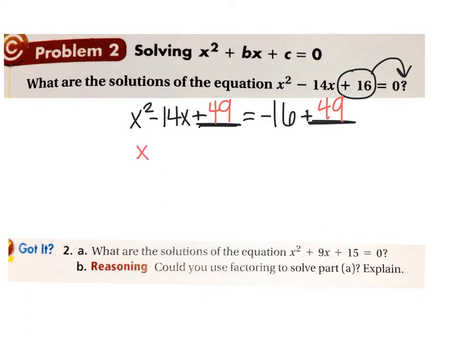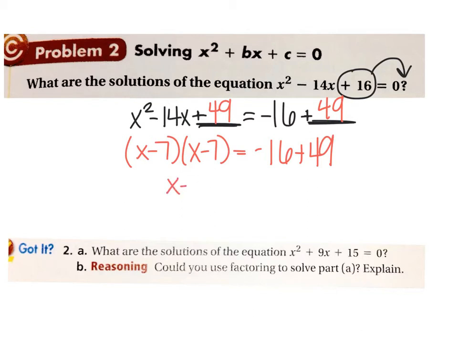Now I know that when I factor this, I'm going to get x minus 7 times x minus 7 equals negative 16 plus 49. Well, that means that x minus 7 squared equals 33. Now, you have to get x by itself. What's happening to x?